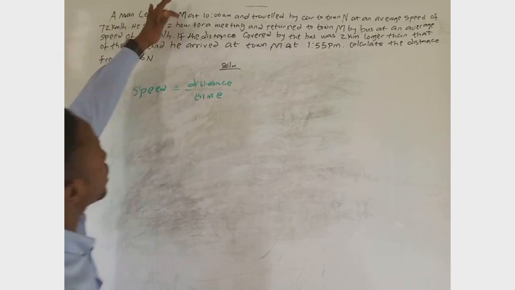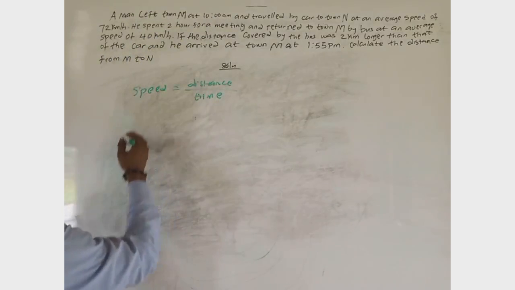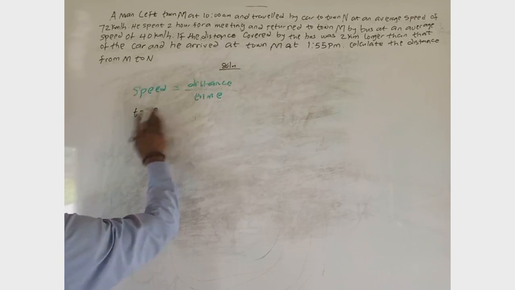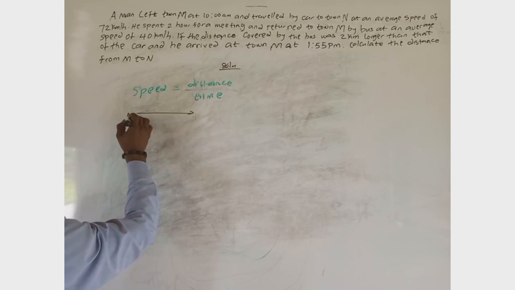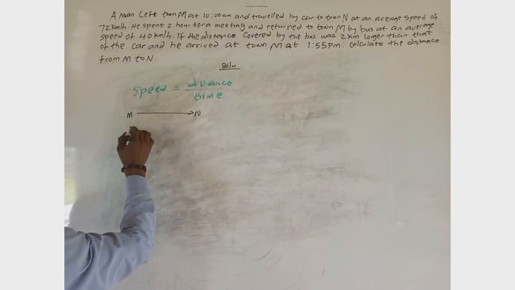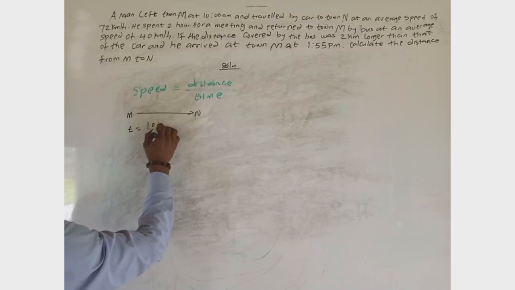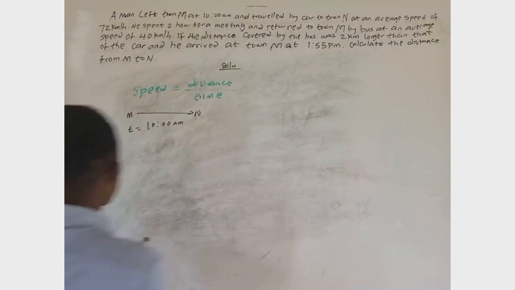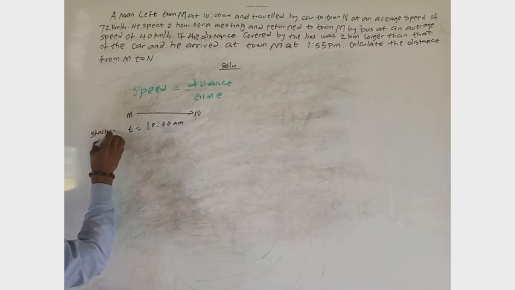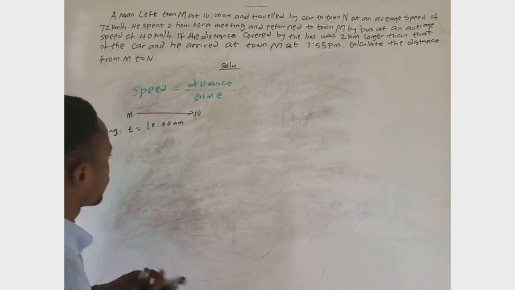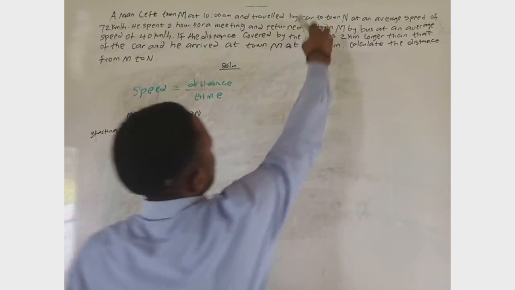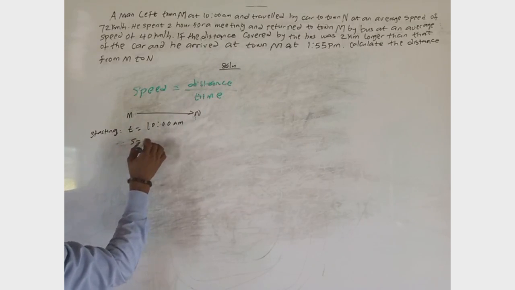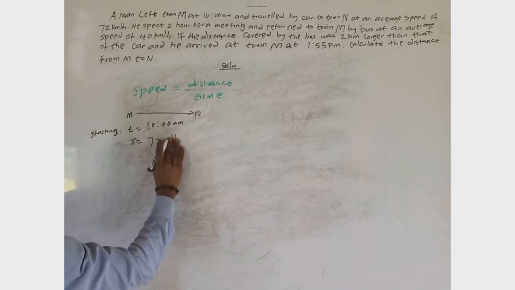A man left town M. The first data here is time. The starting time is 10 a.m. The period of travel starts from 10 a.m. And by car at average speed, the speed, let me write it as S, is equal to 72 km per hour.